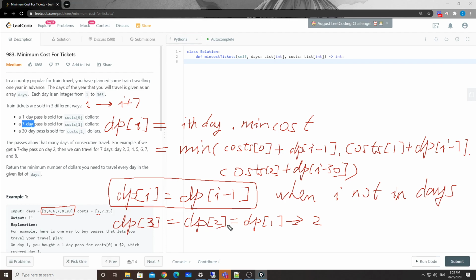So we travel on the first day, and on day 2 and day 3 we simply stay at home, which keeps our cost at 2. Only when we get to day 4 do we know we have to travel. Then it's time for us to use this formula.